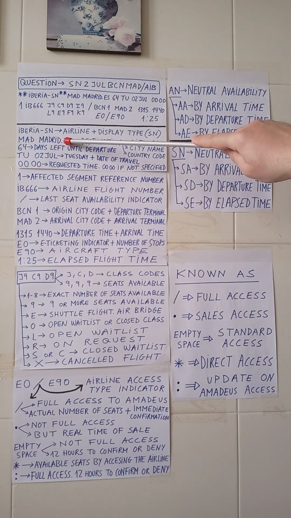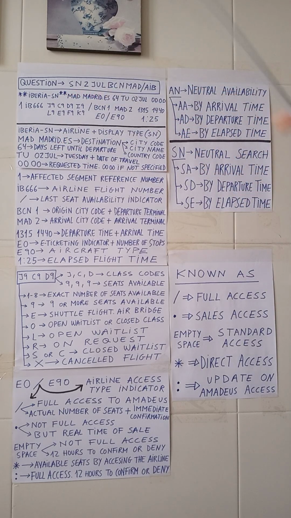MAD Madrid ES refers to the arrival city code and the full name of the arrival city. ES indicates that the country where Madrid is located is Spain.